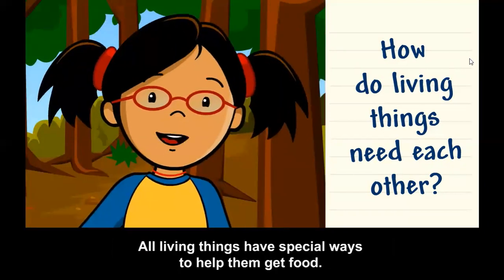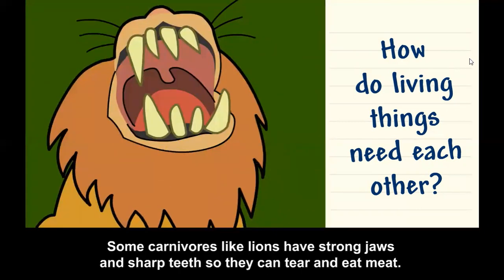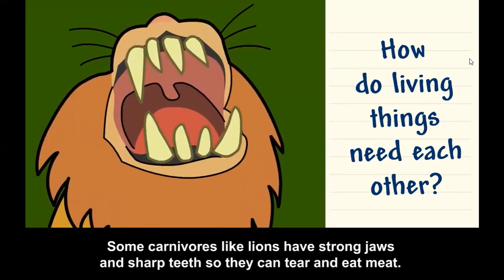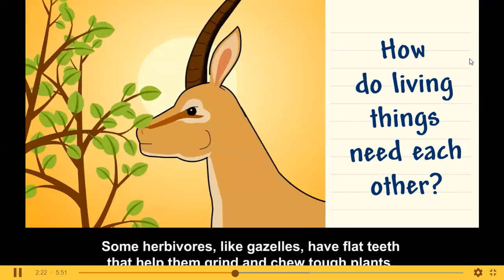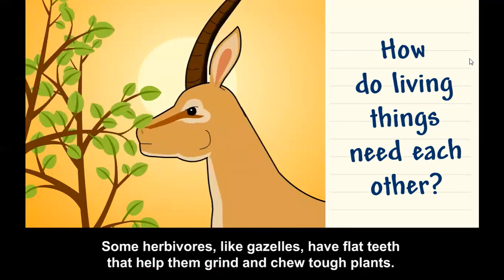All living things have special ways to help them get food. Some carnivores, like lions, have strong jaws and sharp teeth, so they can tear and eat meat. Some herbivores, like gazelles, have flat teeth that help them grind and chew tough plants.